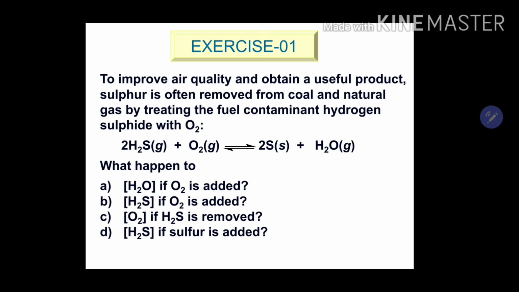B. What happened to the concentration of H2S if O2 is added? C. What happened to the concentration of O2 if H2S is removed? And last one, D. What happened to the concentration of H2S if sulfur is added? So I hope you guys can answer all these questions in order to achieve the learning outcomes of the subtopic.